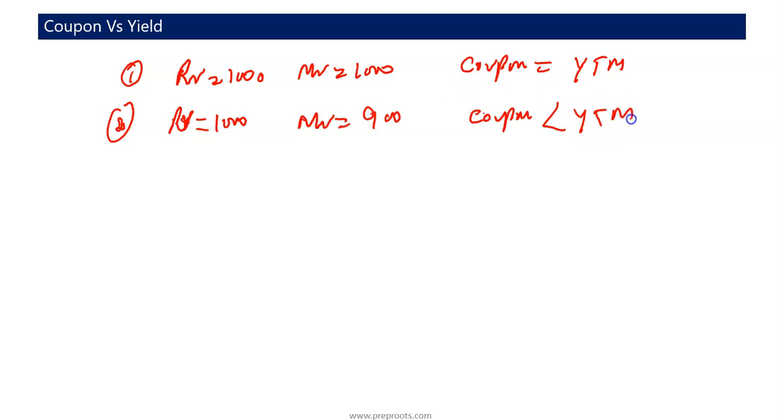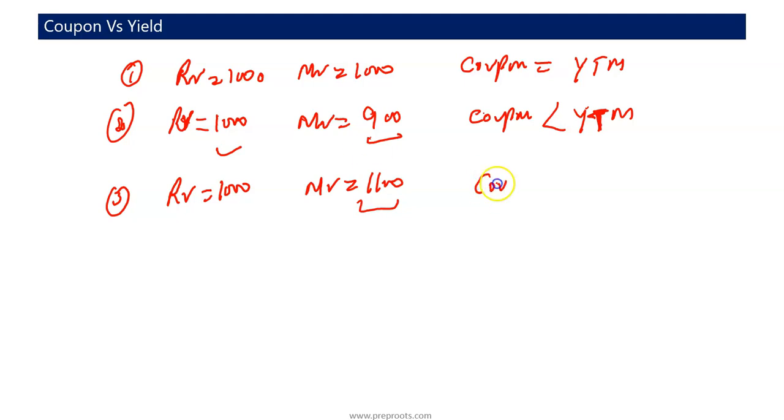YTM would be greater. Return would be greater because you are buying the bond at a cheaper rate and redeeming at a higher rate. Third, if redemption is at 1000 and market value at 1100, you are buying the bond at a higher price and redeeming at lower. So here coupon is greater than YTM.